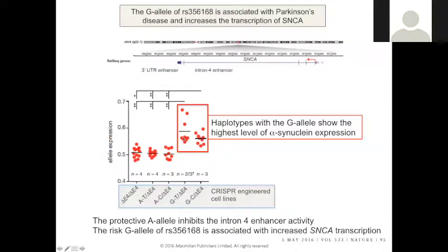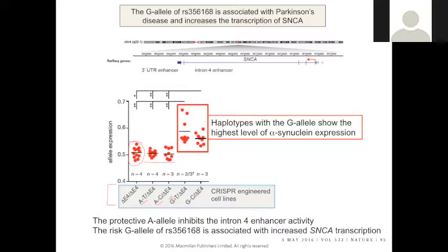In this figure is shown the results of their experiments. We see here the names of the cell lines that I've just described, delta E4, and so on. What we can see is that deletion of the enhancers results in a low level of expression of the alpha-synuclein gene, as does the haplotype AT and AC, shown here.